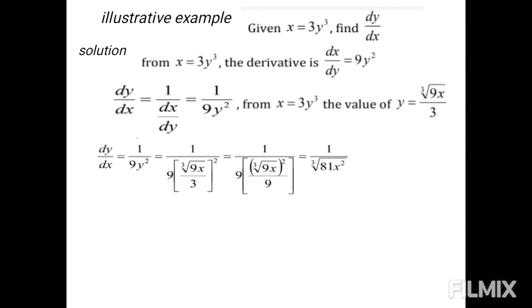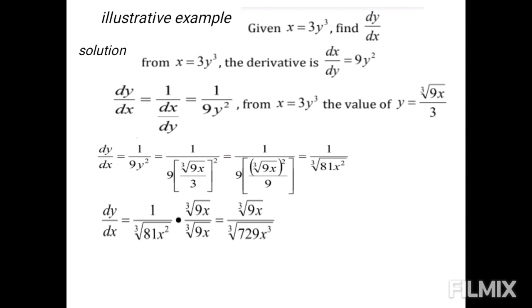Since we have 9 here and 9 here at the denominator, we can cancel them and then get the cube root of 9x squared in our numerator. And then the answer will be 1 over cube root of 81x squared.